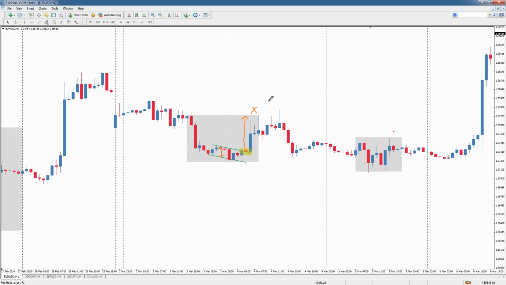That would be a mistake. We should not be too greedy. If we measure the distance between the two green lines at 20 pips, we don't put our take profit more than 20 pips, simply because that would not be in line with what the formation is projecting and what we are anticipating.